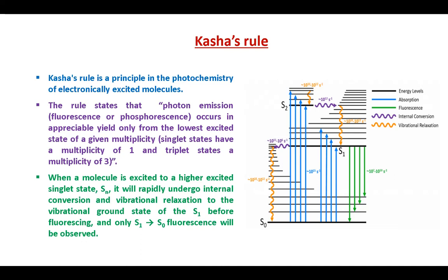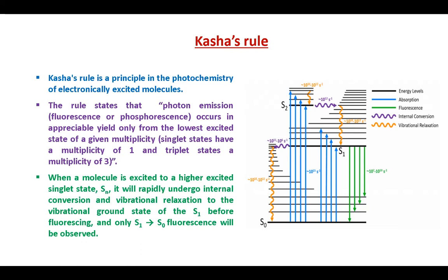It is named for American spectroscopist Michael Kasha, who proposed it in 1950. The term multiplicity refers to the spin angular momentum of the level. Singlet states have a multiplicity of 1, and triplet states have a multiplicity of 3.